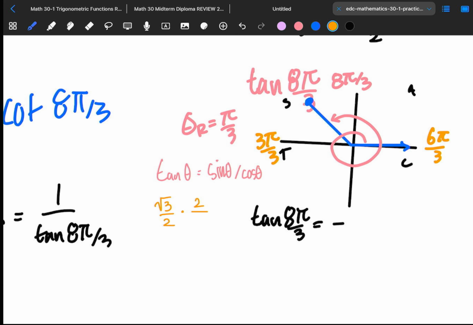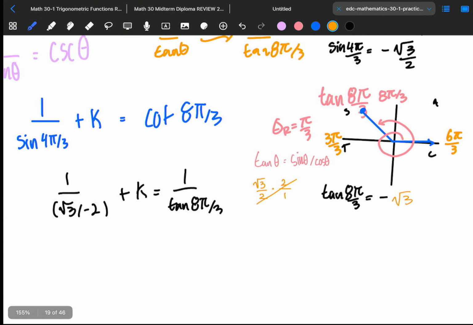If we're dividing by 1 over 2, that's the same thing as multiplying by 2. Notice how these cancel out, and you're going to get tan of 8 pi over 3 is equal to negative root 3. Now, if you're unsure of the exact values, just put it in your calculator and make sure it's in radians if you're using radians. So in this case, I'm going to type in tan of 8 pi over 3, and then type in negative square root of 3. And notice how those values are going to be equal. So that's how you know you've done this right.